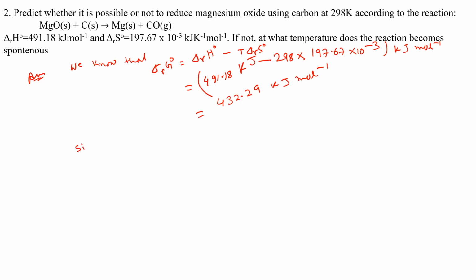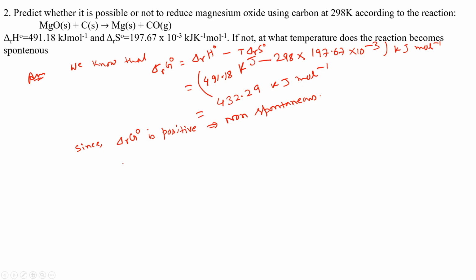So, since delta G naught is positive, the reaction will be non-spontaneous. So, what do we need to do?